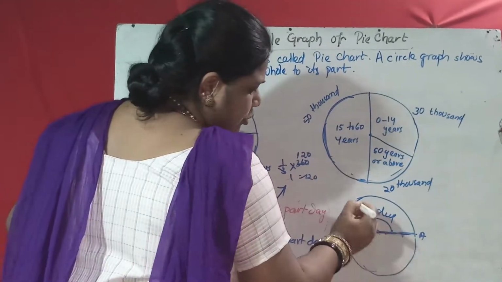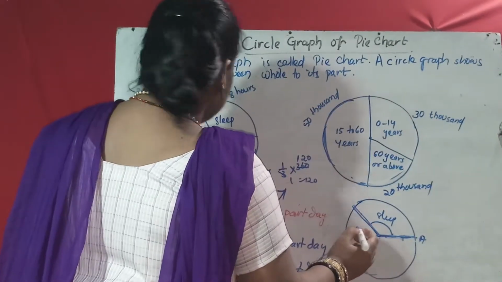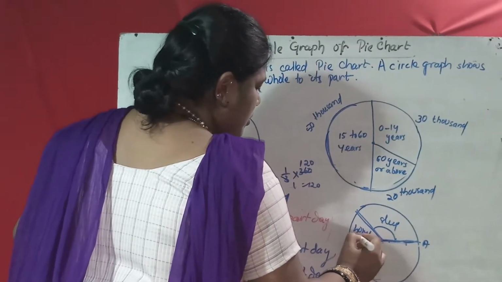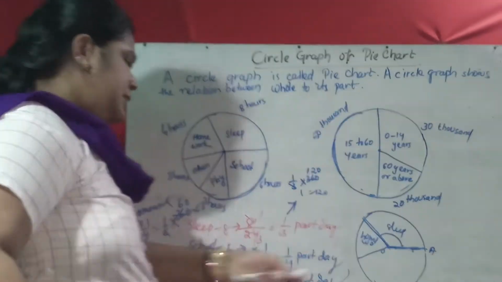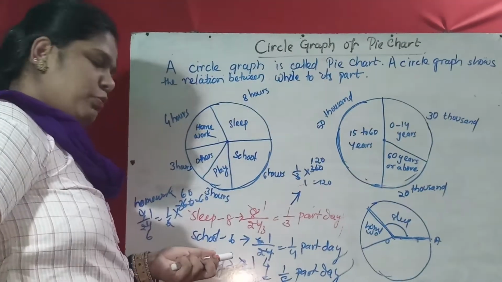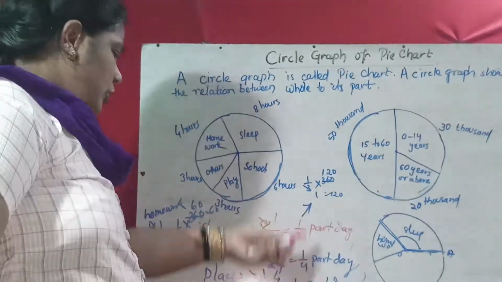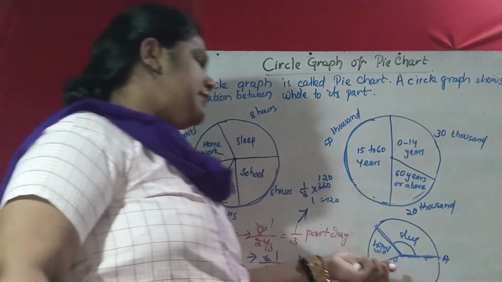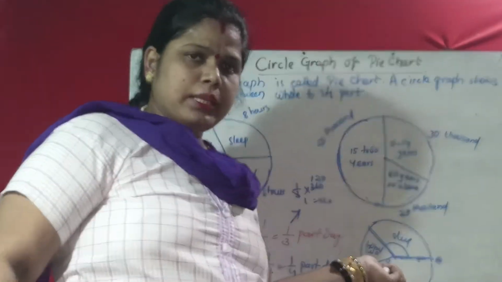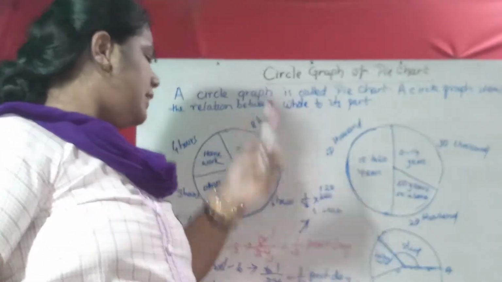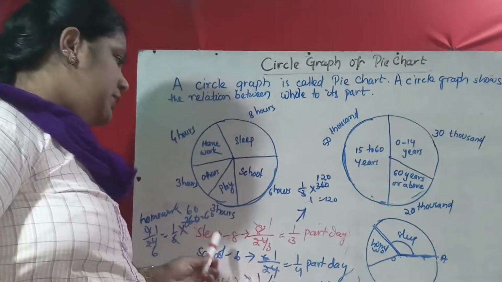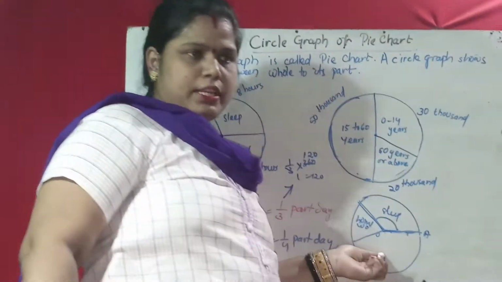Here put the protractor again and draw 60 degrees. Here you get homework. So if a pie chart is given, you can find how much time or how much part or how many degrees. If only the data is given and you have to make a pie chart or circle graph, you have to find out the degrees and then you can draw the pie chart.